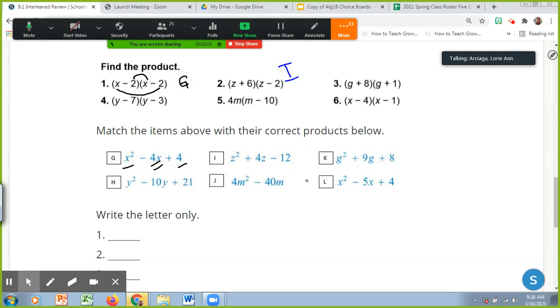K from Luke, Ryan, and Alyssa. Next, number 4. H from Luke, Ryan, Aubrey, Alyssa, and Dwight. Okay, number 5. All J's from Ryan, Aubrey, Luke, and Alyssa.